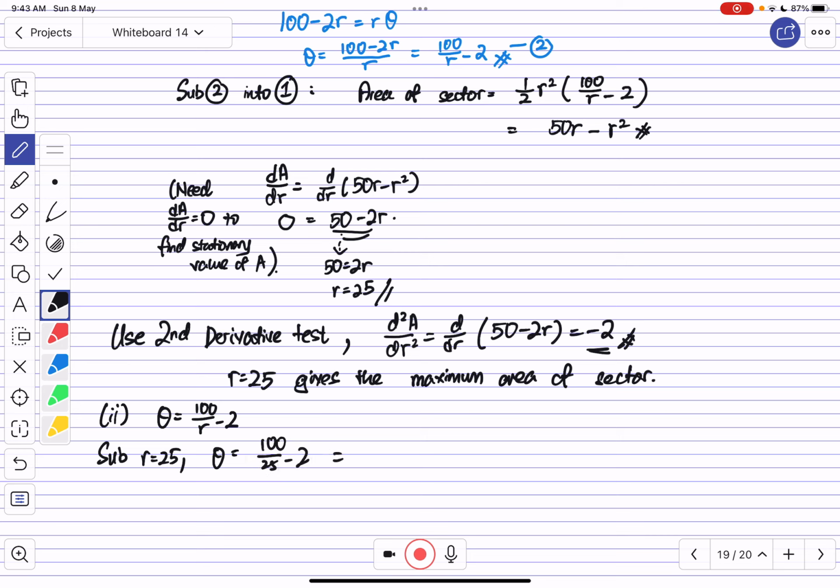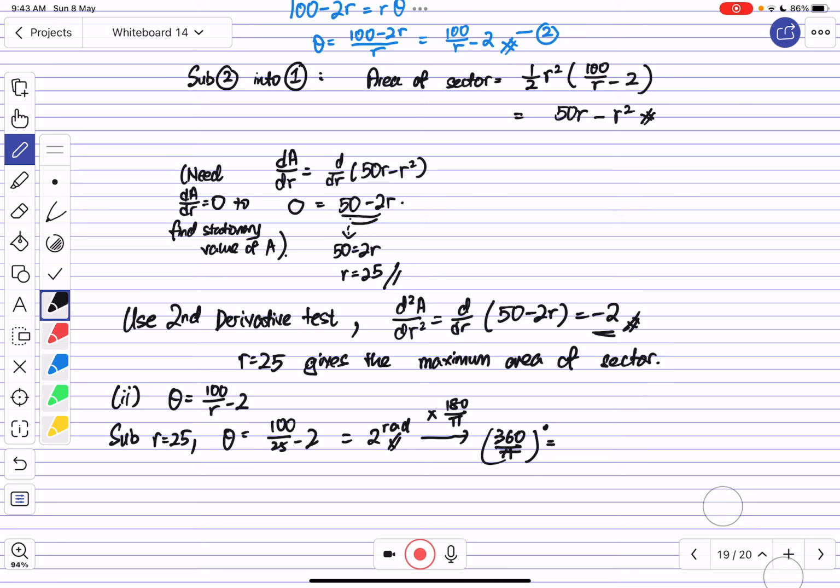which is 2 radians. To convert this to degrees, I need to multiply by 180 over pi, which gives me 360 over pi degrees, which is the same as 114.6 degrees to 1 decimal place.